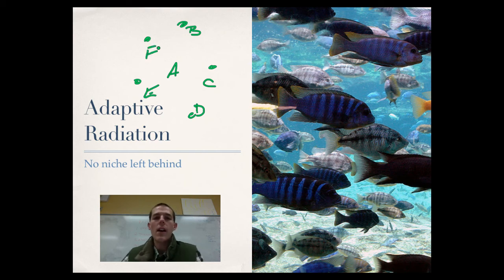So if we go with the idea of taking out a dominant species, if you get rid of something like a dinosaur, suddenly there are a ton of niches available, and the mammals living in the area can now diversify to fill those niches. Also, if you think about continental drift again, as one continent breaks away from another, animals will fill the niches in that environment. One example of this would be marsupials in Australia.